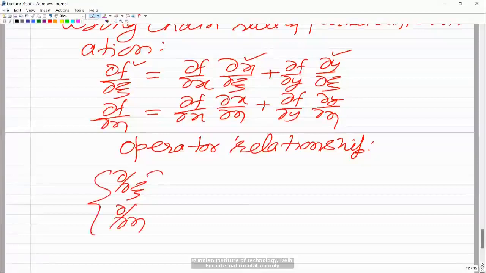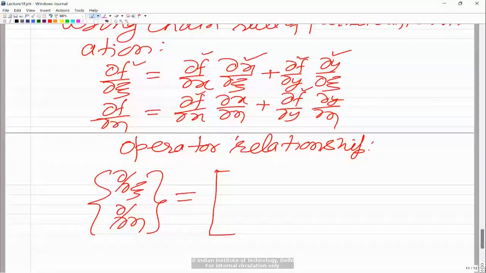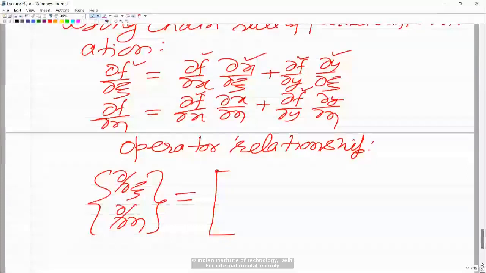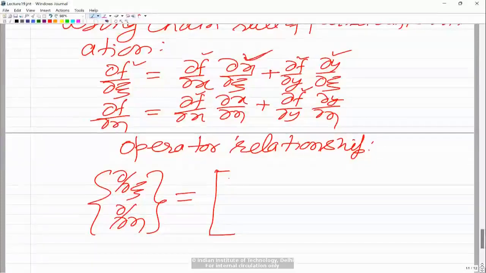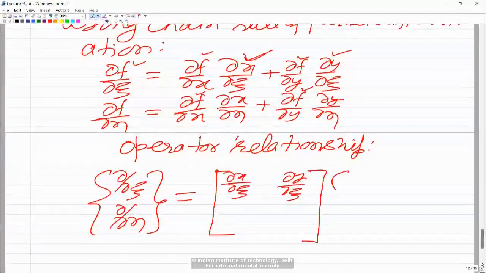These two derivative operators can be written on the other side. Inside we are going to have these terms: del x by del xi, del y by del xi, and on this side we will have the derivatives with respect to x and y, so del by del x and del by del y.